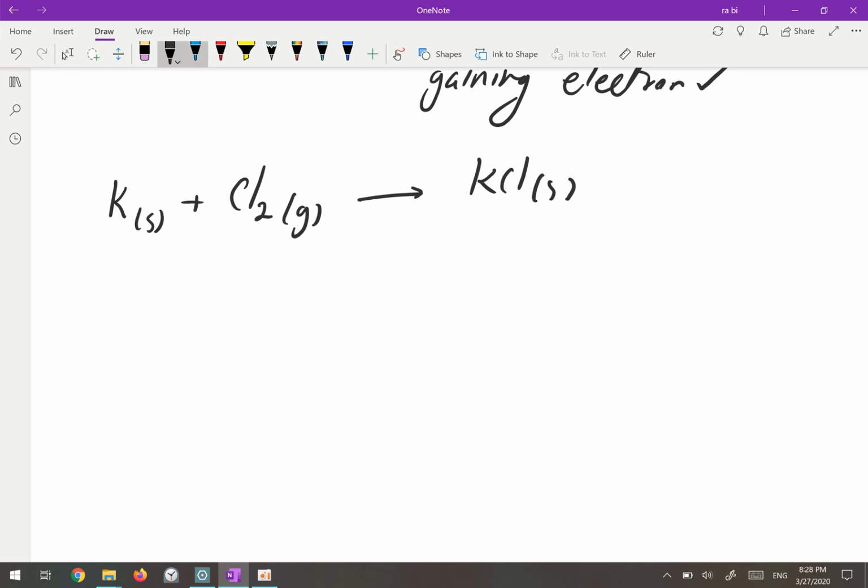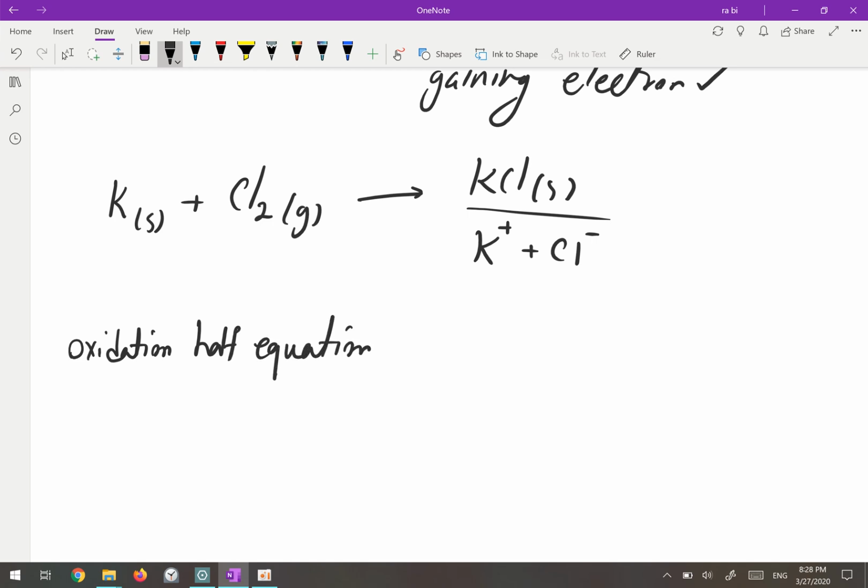Instead of KCl, I can write K plus and Cl minus. So first I write the oxidation half equation.